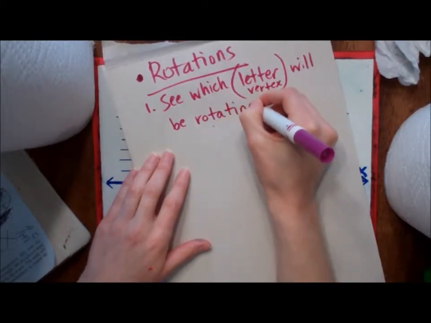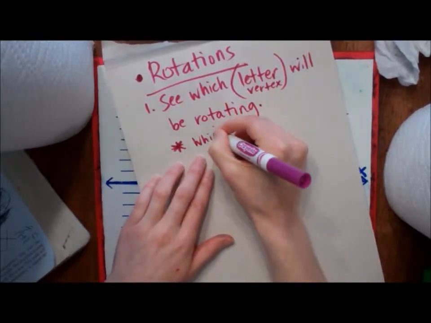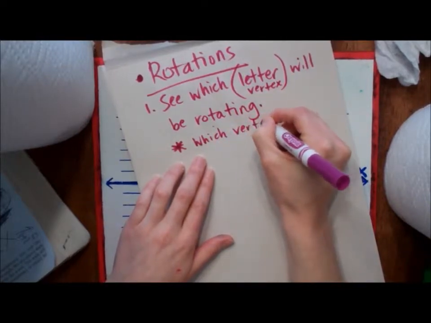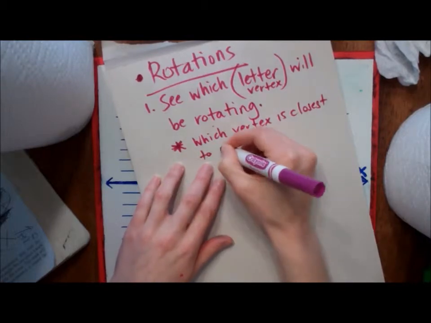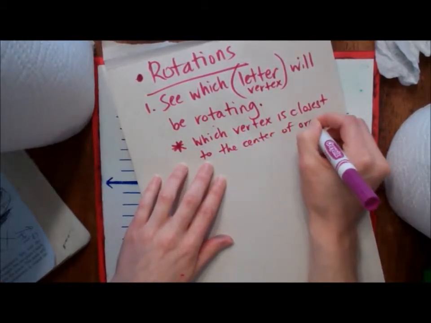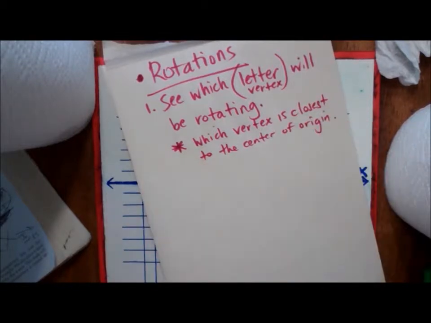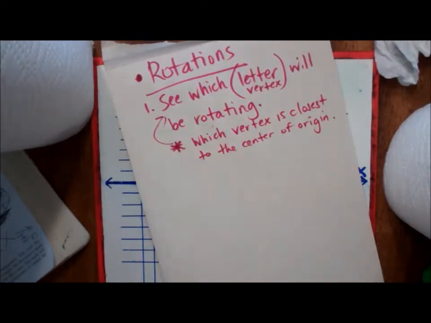And how you determine that is which vertex is closest to the center of origin. I'm going to show you what this means in just a minute, but just take these notes. Go on and write that down. Which vertex is closest to the center of origin? That's going to tell us which vertex or which letter will be doing the rotating. All right?